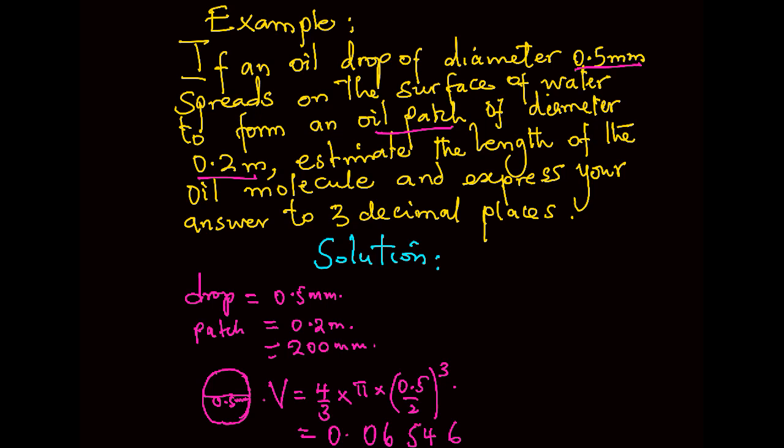We also find the area of the patch, which is pi r squared, which in this case is given as 22/7 times the radius, which is 100 squared.